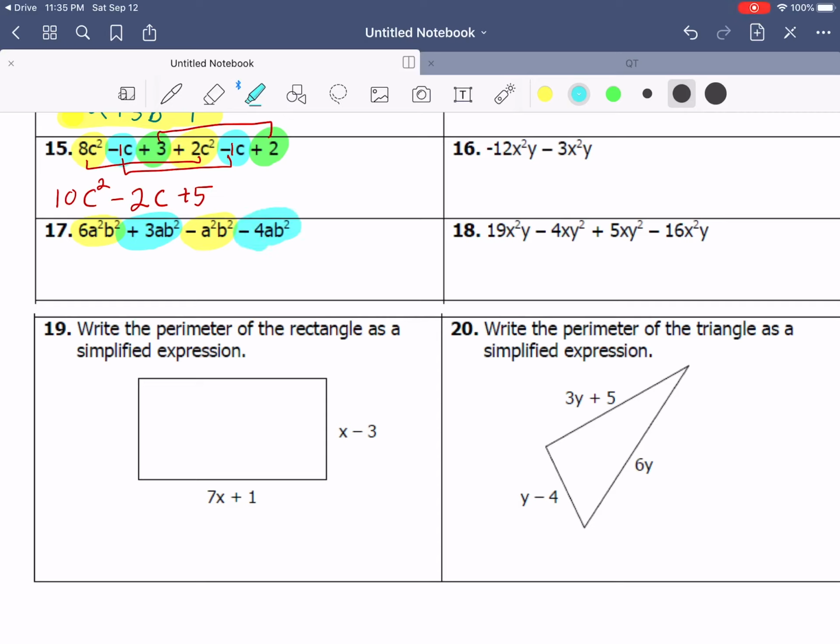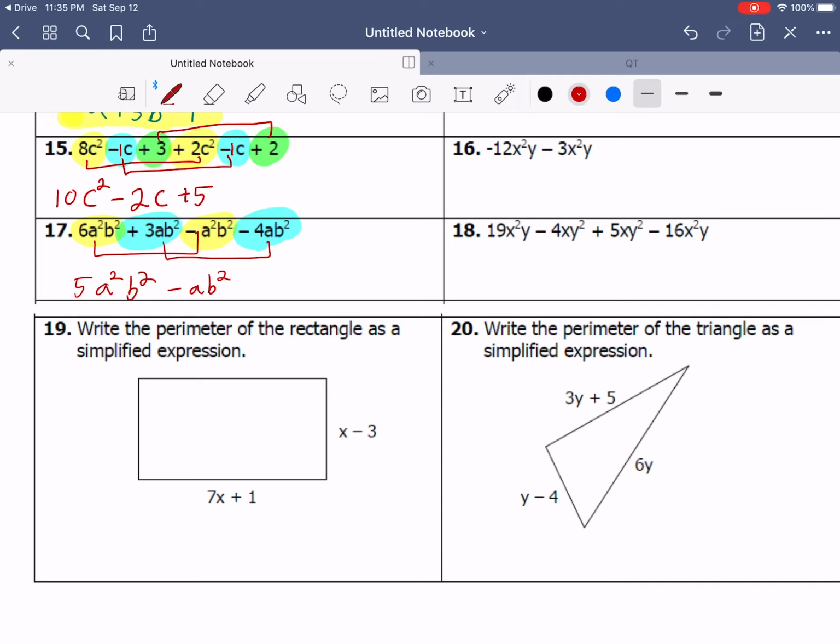So you can do this, and you will get 5a squared b squared. This you will get negative 1ab squared, because 3 minus 4 will give you negative 1. And obviously I did not put the 1 at the end.